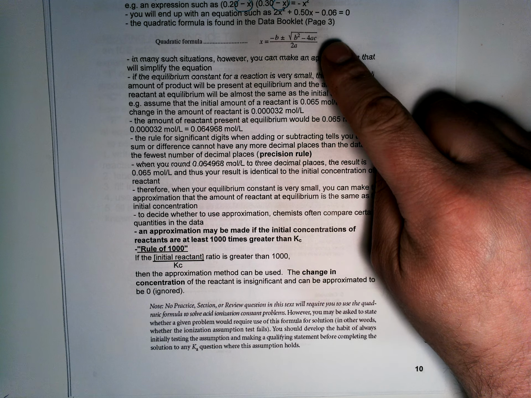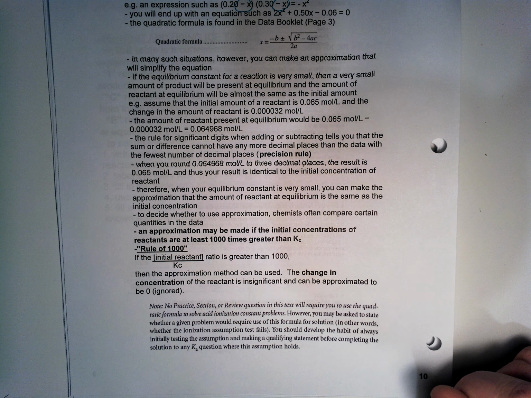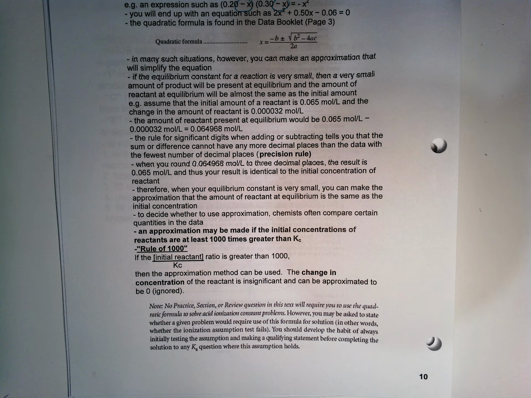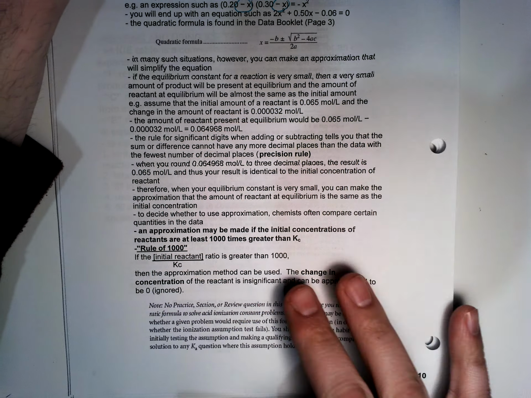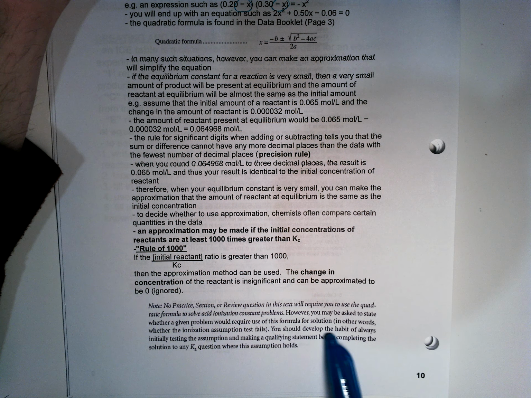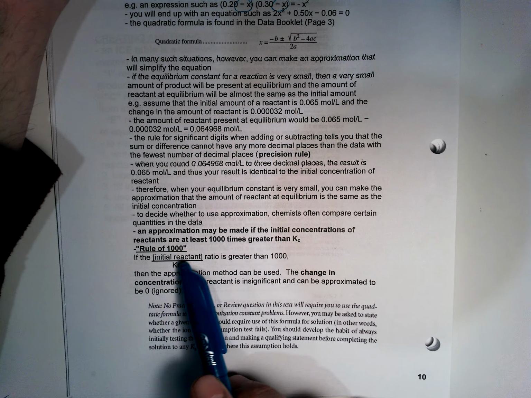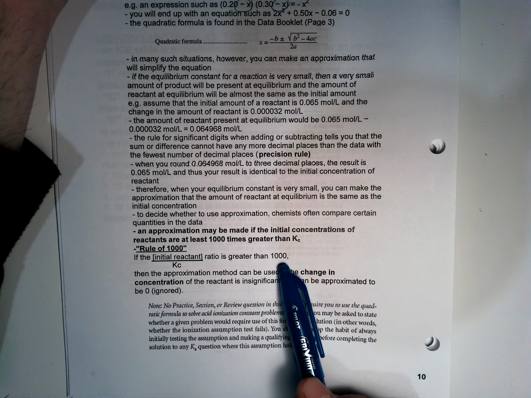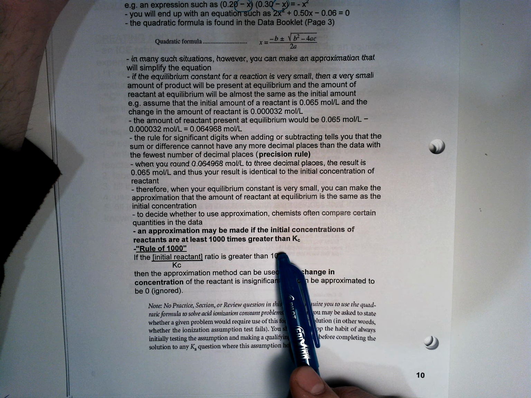In your answer, you just state, I would use the quadratic formula to solve for this answer, and then you're done. After you check this, if it doesn't give you a number greater than 1000, you'd say I'd use the quadratic formula.